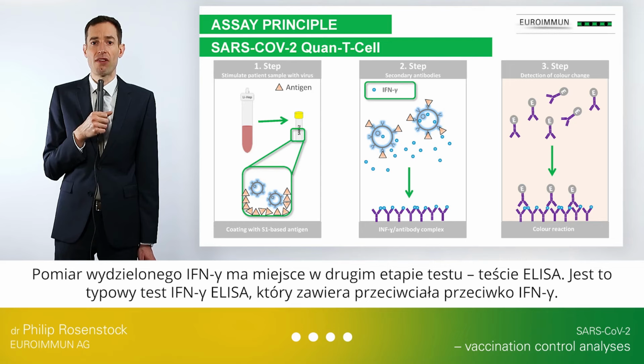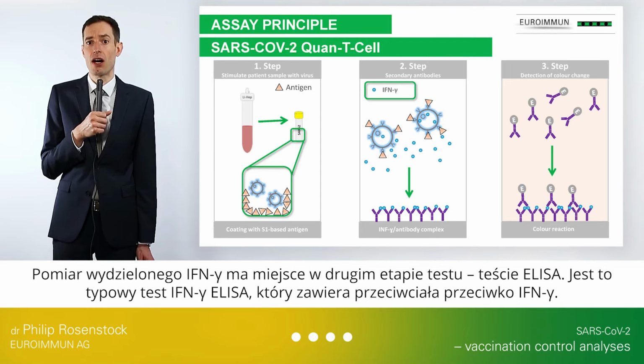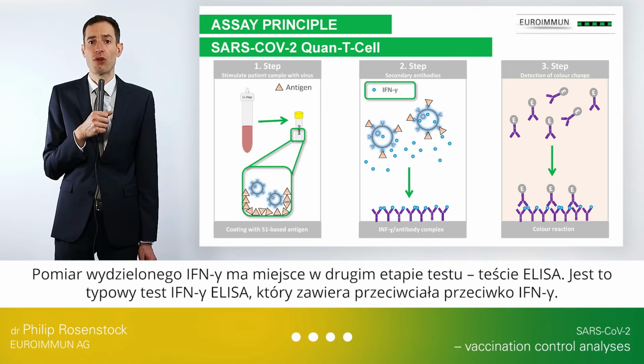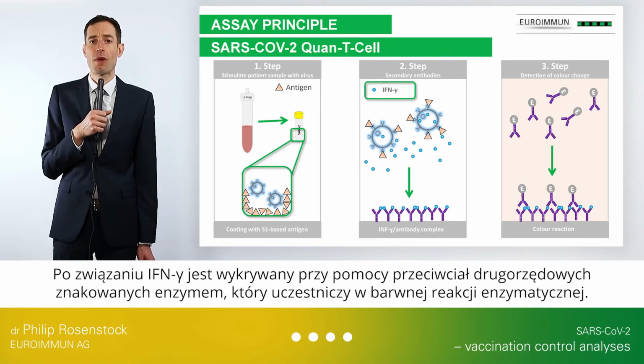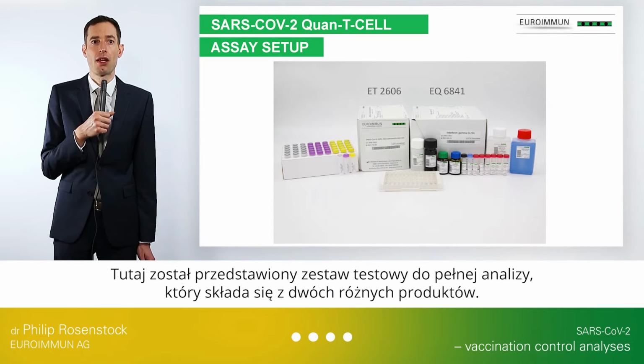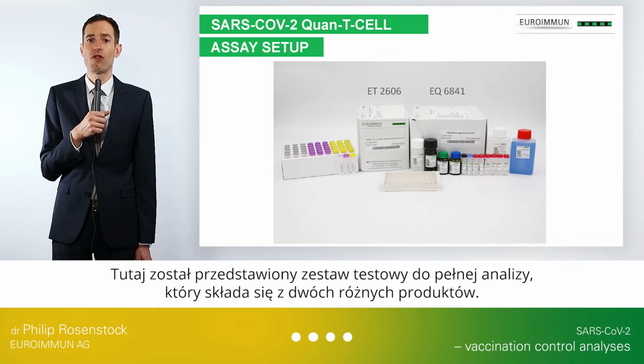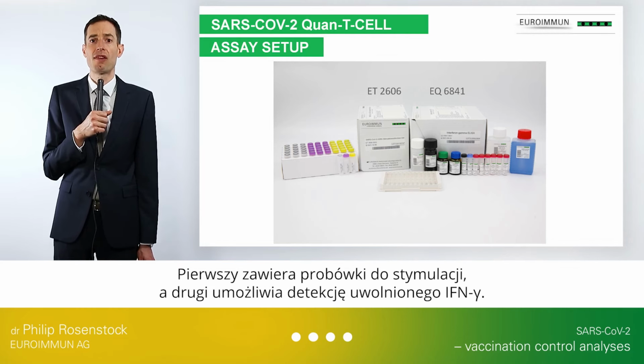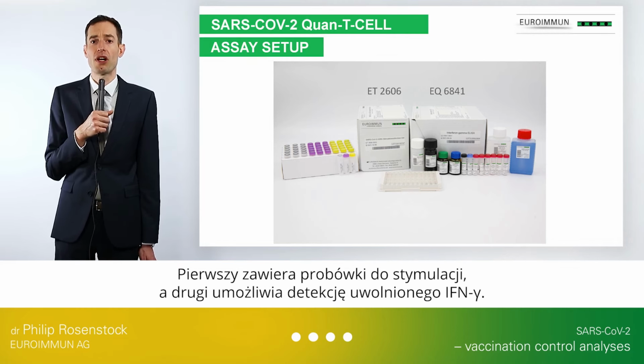So this is just like a normal interferon gamma ELISA that contains an antibody directed against interferon gamma. And this interferon gamma is then detected with a secondary antibody that is linked to an enzyme that mediates a color change. So this is how the assay looks. It consists of 2 different products. One is the stimulation tube, and the other product is an interferon gamma release assay.